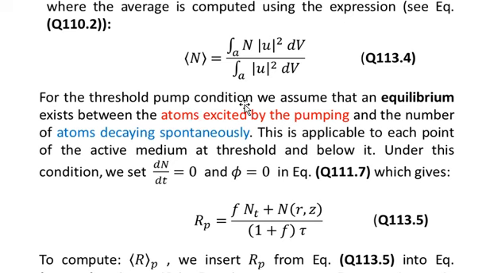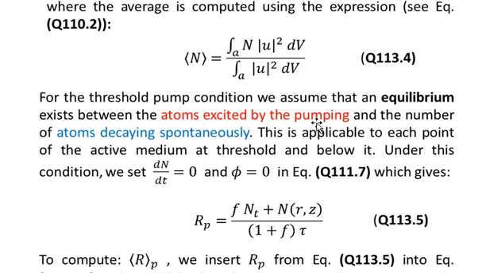For the threshold pump conditions, we assume that an equilibrium exists between the atoms excited by the pumping and the number of atoms decaying spontaneously. So you see that these are the two quantities shown in red and blue, and they must cancel out each other and must be equal to each other so that the equilibrium condition is established.